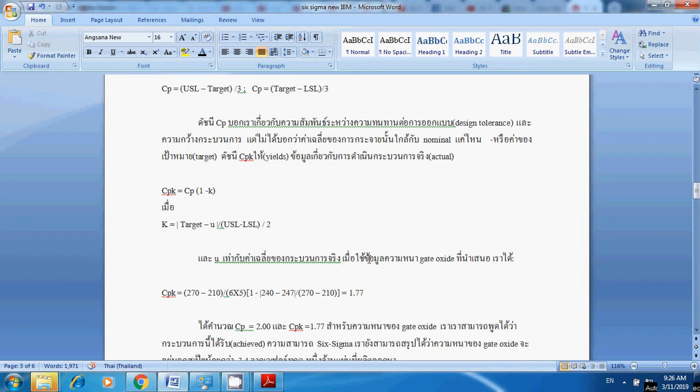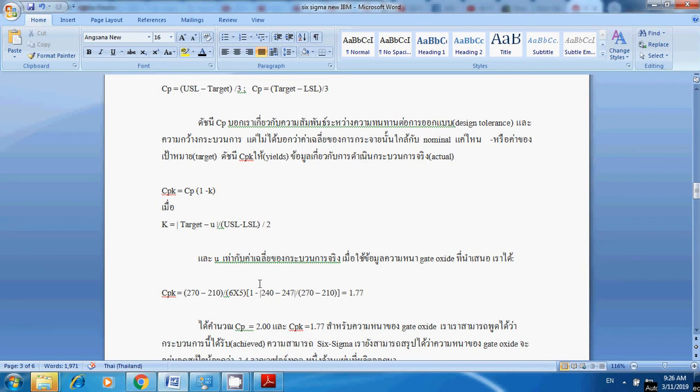When we use the gate oxide thickness that's given, we get Cpk equal to USL minus LSL divided by 6 sigma, that's the actual Cp, multiplied by 1 minus k.